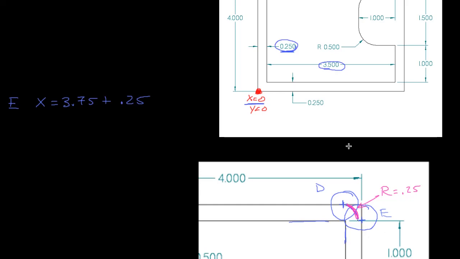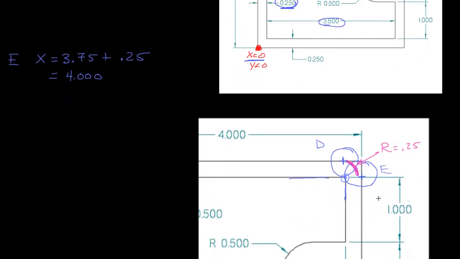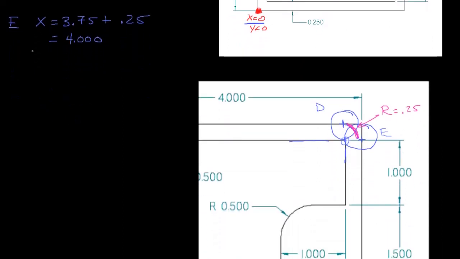Okay, and you can see that the center of the arc is right on that corner, so the radius is 0.25, which means that this point where it ends up over here is 0.25 inches away in the x direction from that point right there. So 3.75 plus 0.25 is equal to 4.000. Okay, and then we have a y position that was at 4 inches and has just moved down 0.25.